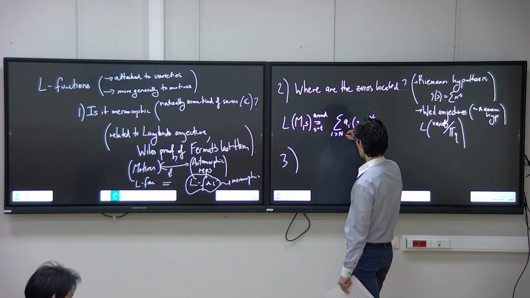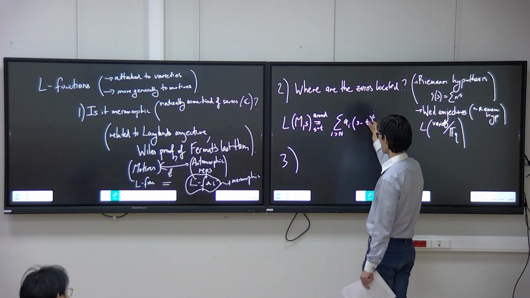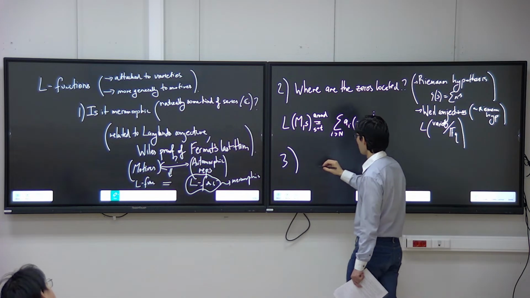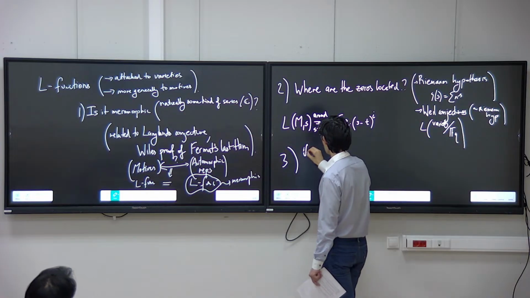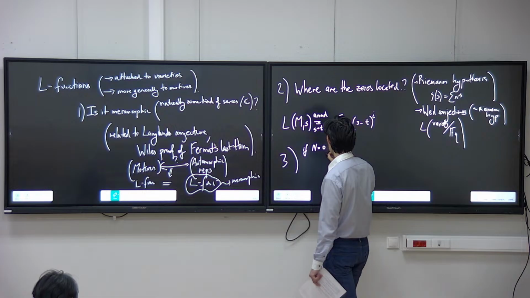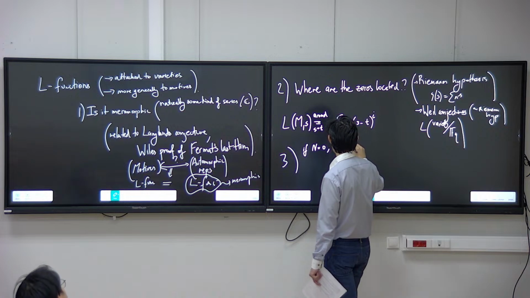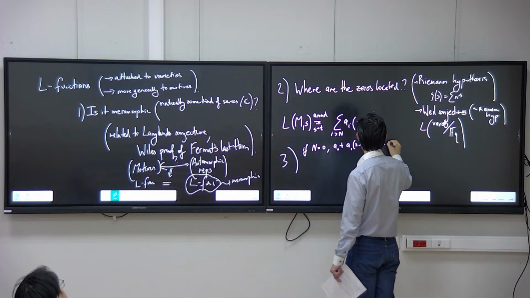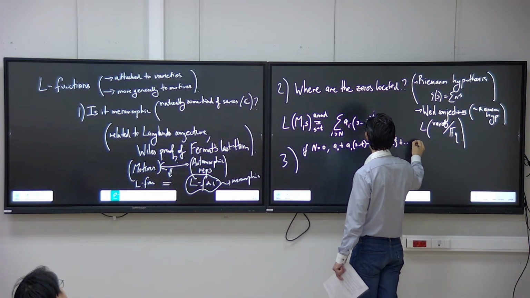You may not be able to evaluate this at t because it could be a pole, but if n is equal to 0, the series looks like a0 plus a1 (s minus t) plus a2 (s minus t) squared and so on.